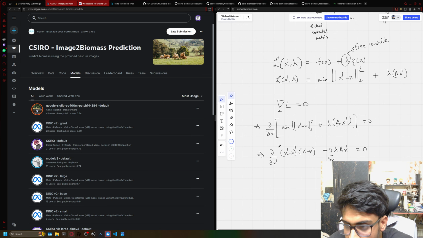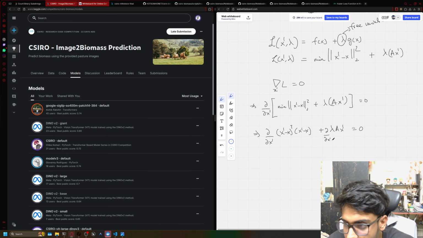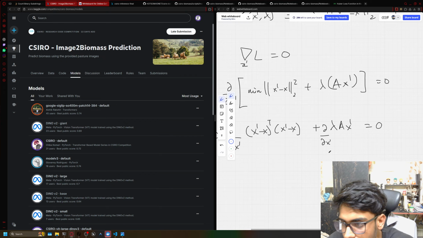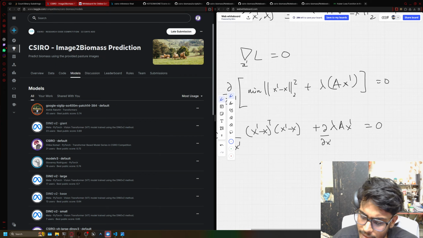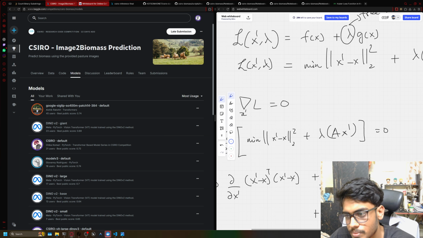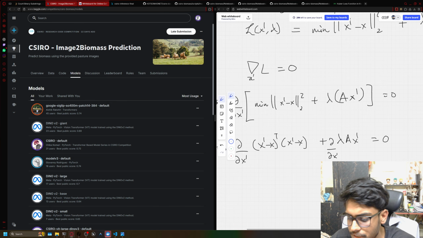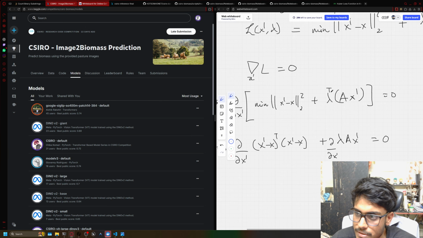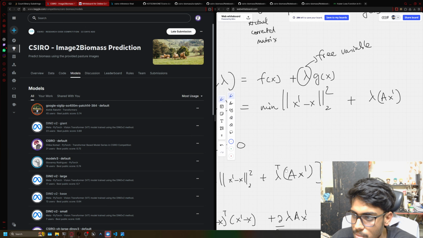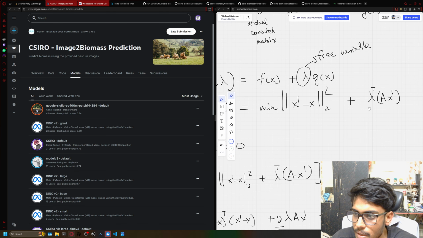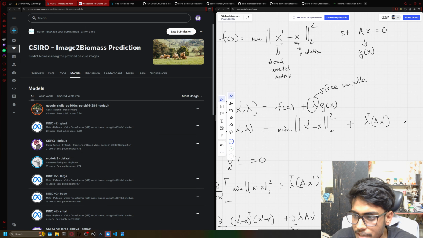Cool. If I differentiate this, this is lambda, this is A, and this will give me a matrix. I think I'm missing a transpose here, so that's how it should be defined, because this guy should give me a scalar.